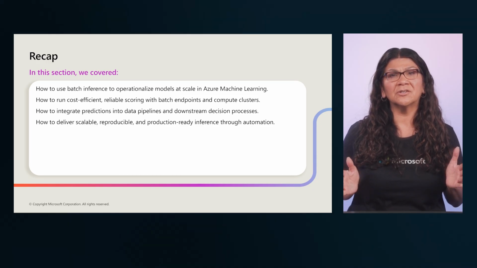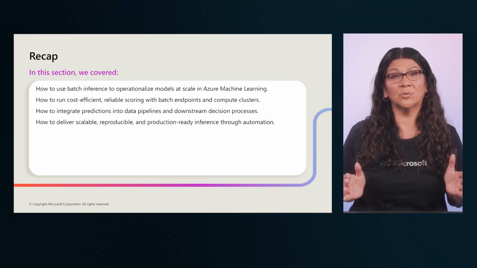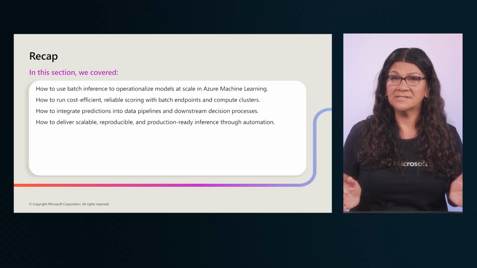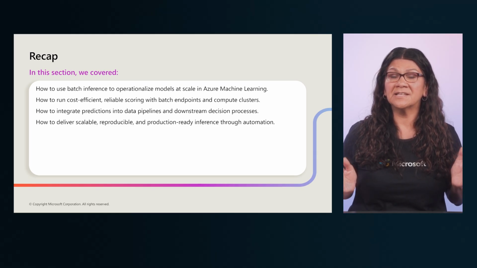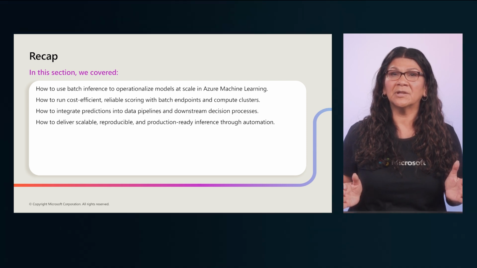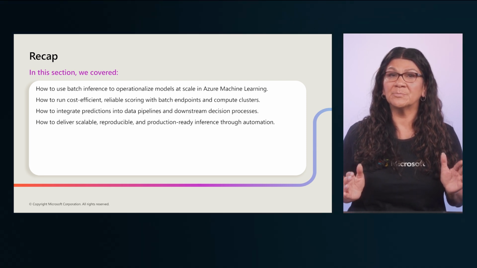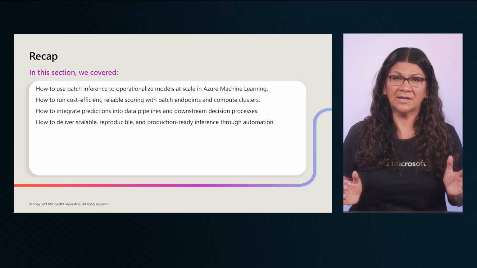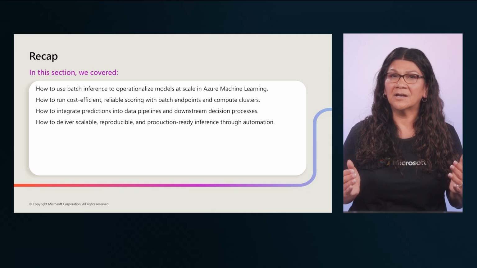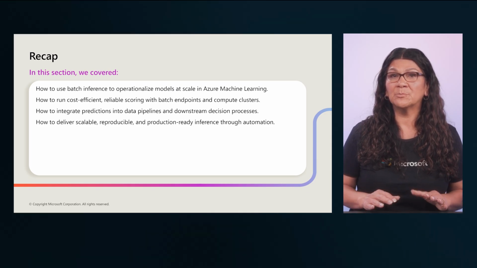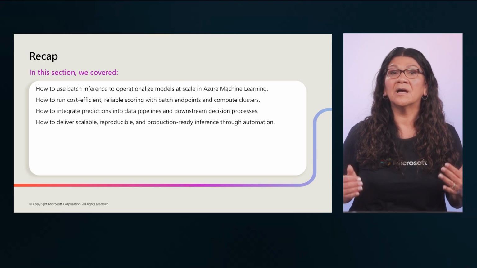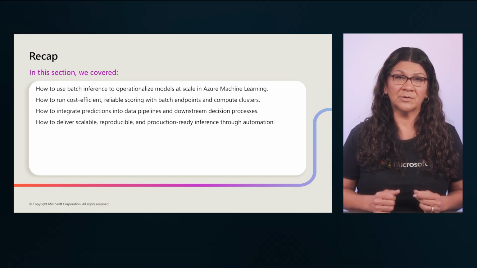This is where machine learning starts doing real work, integrating with data pipelines, running on schedules, and producing predictions that drive downstream decisions. With batch scoring in place, you're no longer just building models. You're delivering intelligence at scale, powered by jobs, automation, and MLOps practices that keep inference reproducible, observable, and production ready.